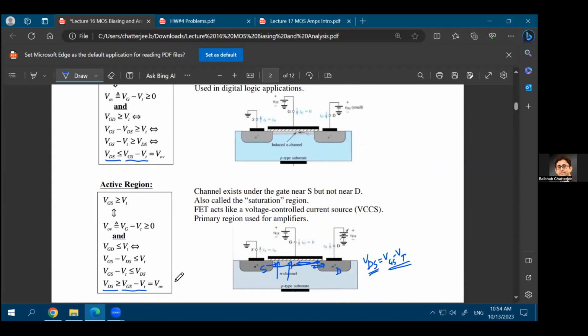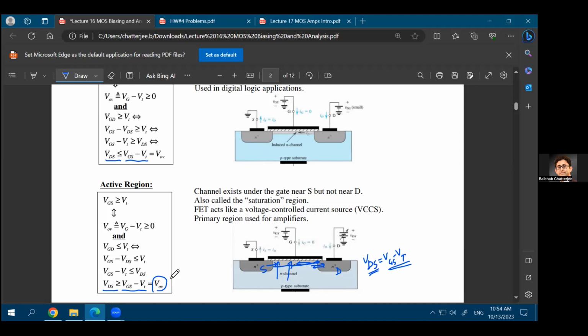And as you remember, that VGS minus VT is also called the overdrive, because that's the amount by which you are applying a gate voltage higher than your threshold voltage. It's similar to overclocking your laptop, right?